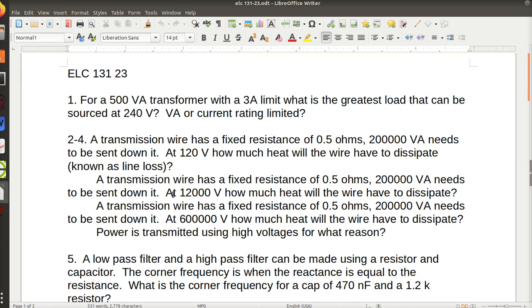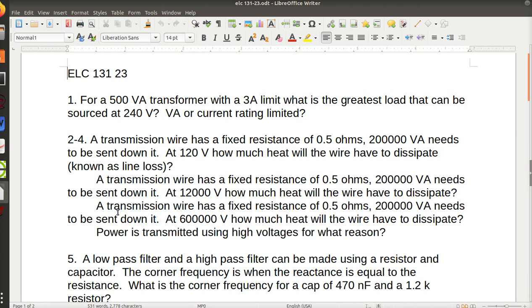And so now we're going to take the same transmission wire, same resistance, same VA going down, but now we're going to up the voltage to 12,000 volts, which 200,000 divided by 12,000 will give you the current, and then that current squared times 0.5 ohms will give you the line loss if you use 12,000 volts.